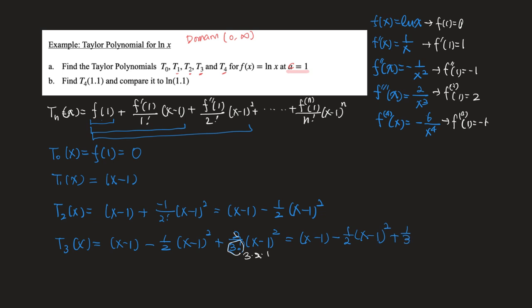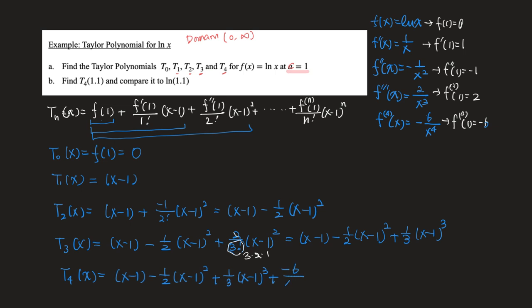This is 1 over 3 times x minus 1 cubed. Let's do one more. Degree 4, add one more term. x minus 1 minus 1 over 2 times x minus 1 squared plus 1 over 3 times x minus 1 cubed plus the fourth derivative, which is negative 6.